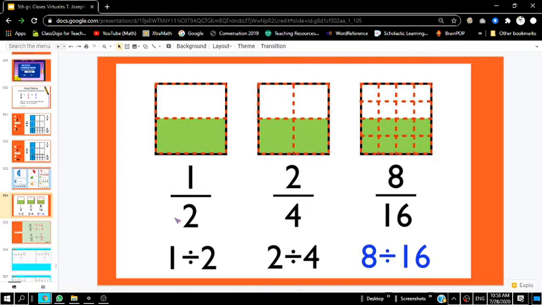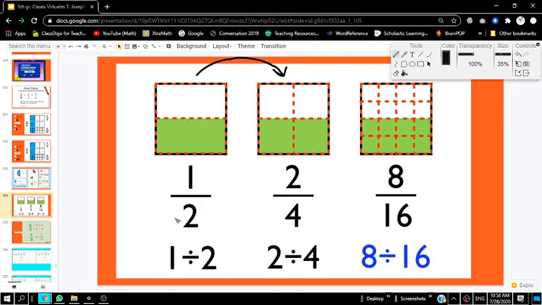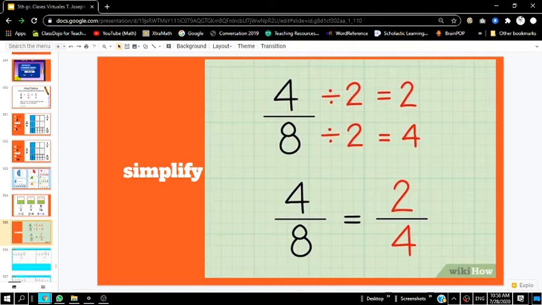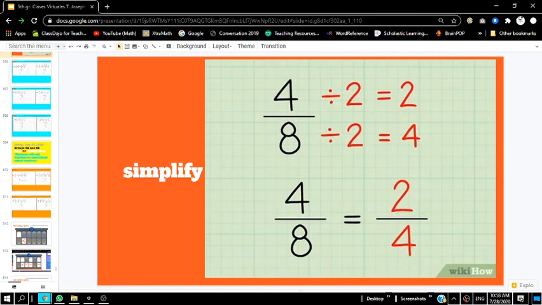You can see that 1/2 covers the same amount of space as 2/4, which covers the same amount of space as 8/16. Now, when we do these examples and we're trying to add them or subtract them, all we need to do is either multiply both the numerator and denominator by the same number or divide, depending on if we're going up or down.